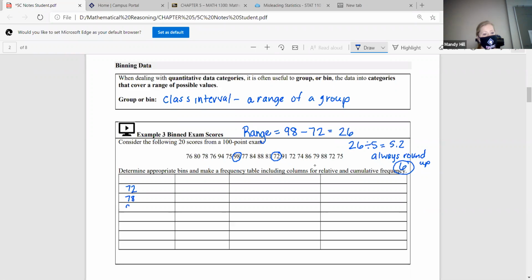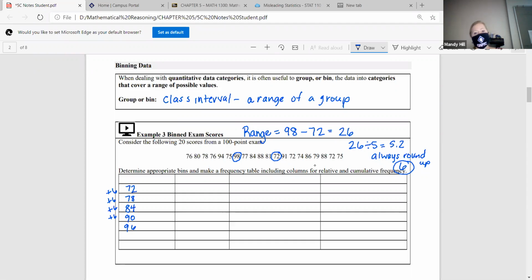My next group's going to start at 78 plus 6, which is 84. Then 84 plus 6 is 90. I'm just adding 6 to get to the next one, and then the next one would be 96.